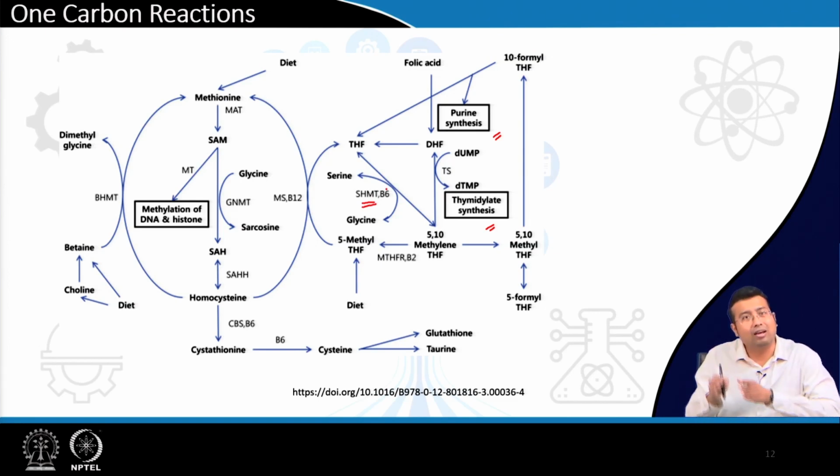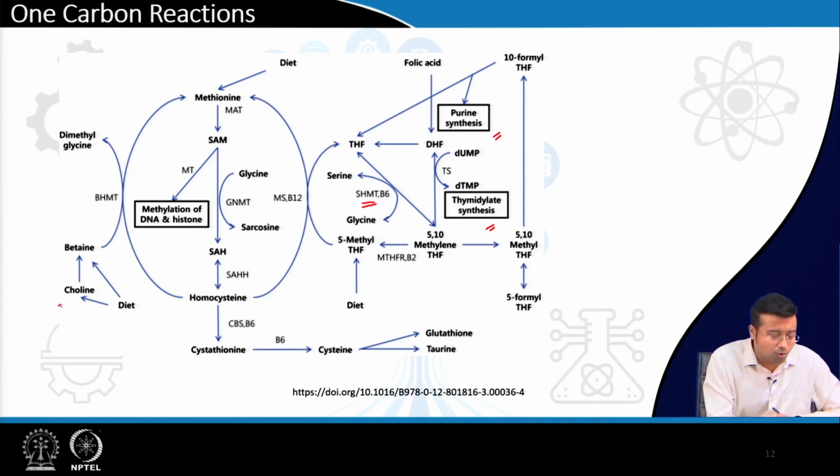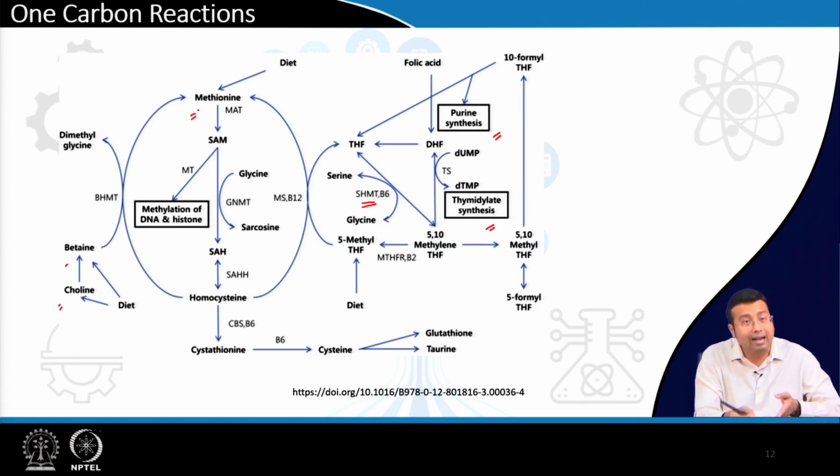And where a methyl group is being transferred, we already know that the most common methyl donor is methionine to homocysteine, or whenever there is an acceptance of methyl group, homocysteine is converted to methionine. So this way we can see choline gives rise to betaine, betaine loses a methyl group, that methyl group is accepted by homocysteine to form methionine, and in turn methionine as S-adenosyl methionine is donating a methyl group to glycine to form sarcosine, methyl transferase again.